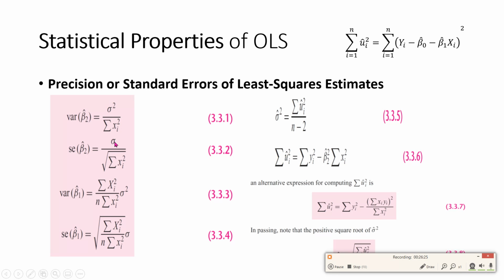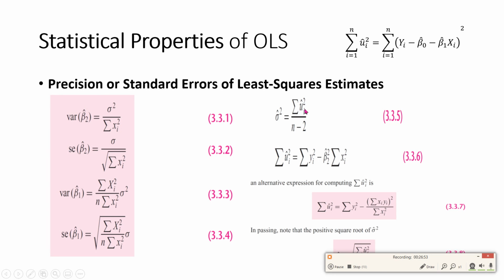Now this sigma squared, the population variance, is often approximated by the estimate called sigma hat squared, which is the sum of residual squared divided by n minus 2. Why am I now dividing by n minus 2?